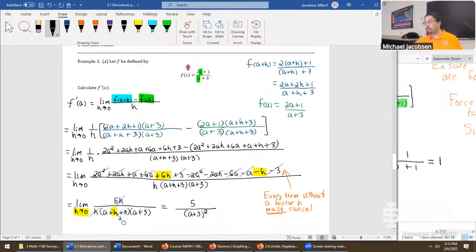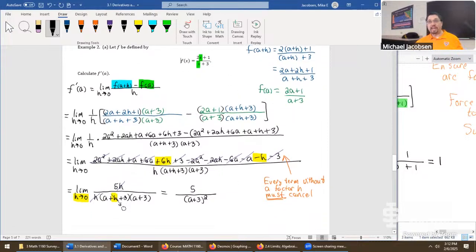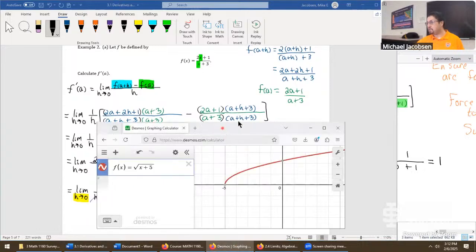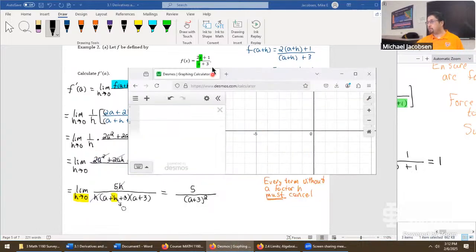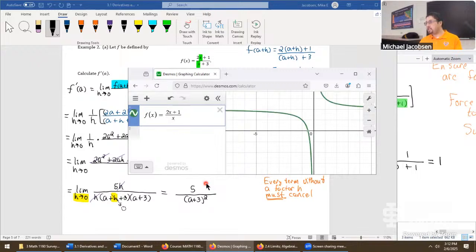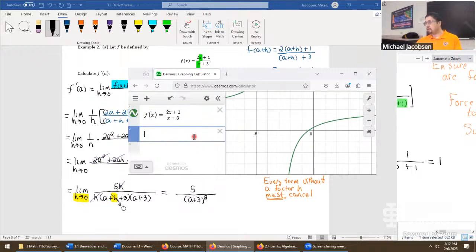Let's do another really quick graph to just show what we actually calculated. So first thing we put in is f of x. It's equal to (2x plus 1) divided by (x plus 3). Now we have something else down below here. This is the derivative of f at a.